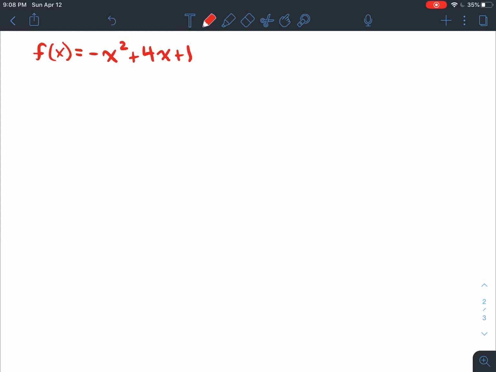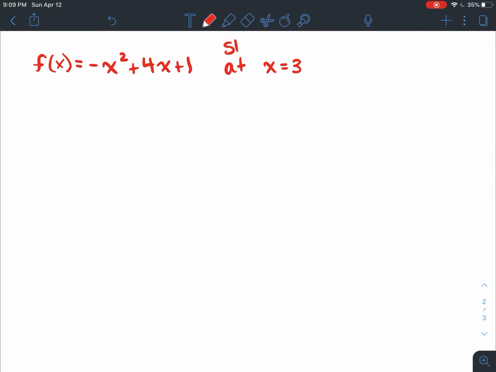Okay, so let's say at x equals 3, we want to determine the slope of the tangent. Slope of tangent is another way of saying the instantaneous rate of change. And we're going to pick a random point of x equals 3. We could have picked 2, 1, 7, it doesn't matter.